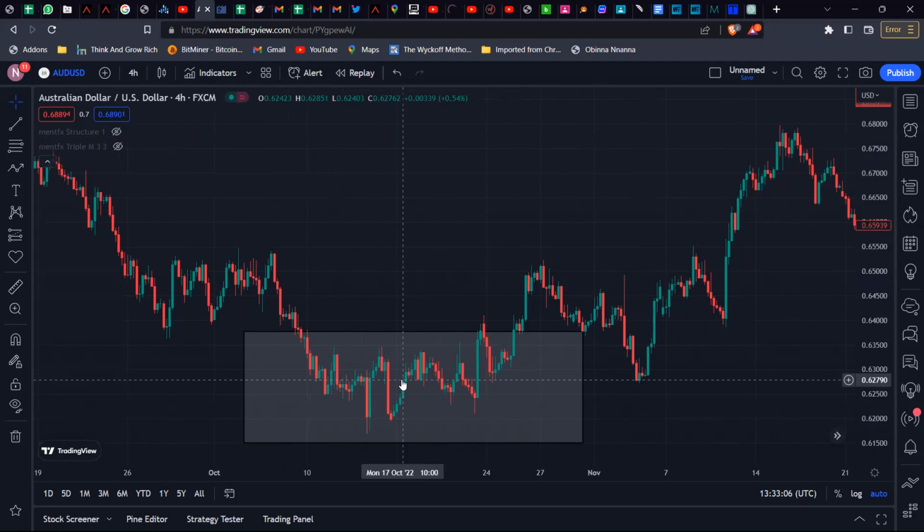And remember, your job and my job is not to guess the direction. It's to wait for them to show us their hand, and then follow them in terms of where they've decided price should move.